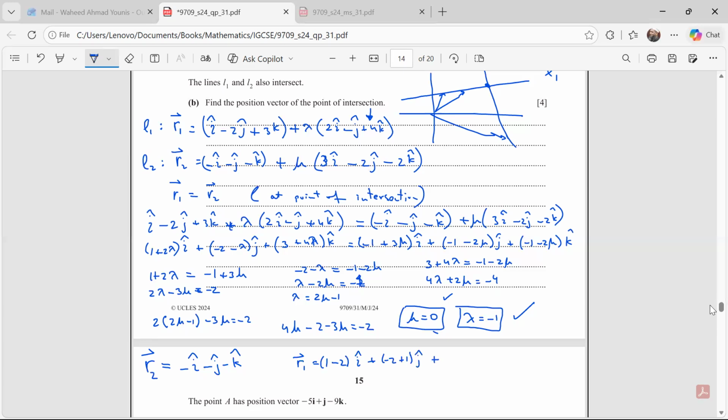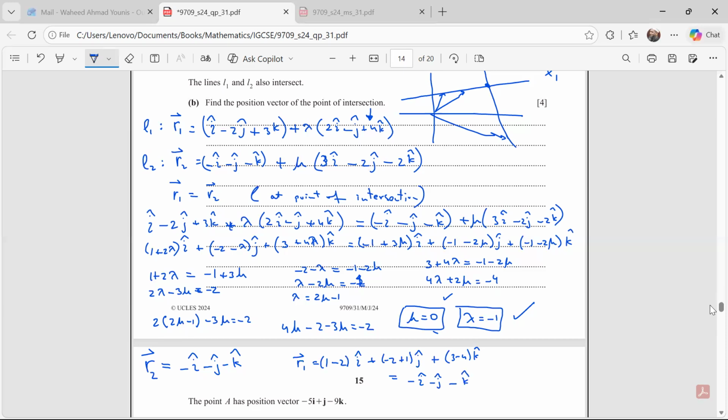And lastly, 3 from here, and if lambda is minus 1, this will become minus 4 times k. Of course, this is giving us minus i, minus 2 plus 1 minus j, 3 minus 4 minus k.